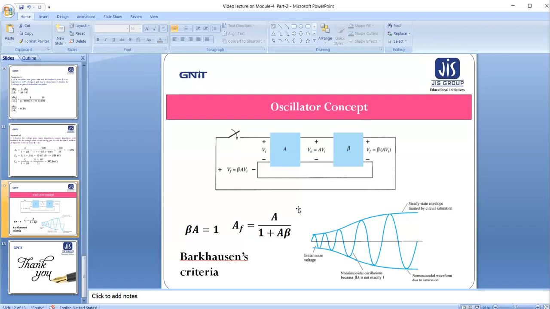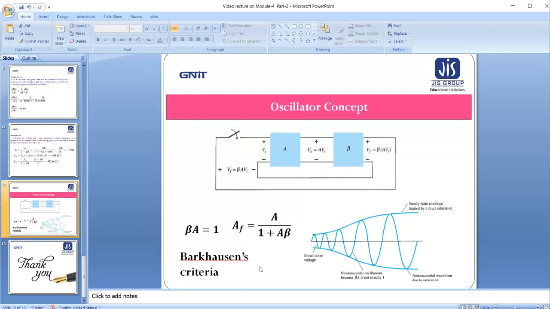When the phase change of A beta is 180 degrees, then 1 plus of minus 1 will be in the expression of AF, and the denominator thus becomes 0, which makes the gain of the circuit infinity.